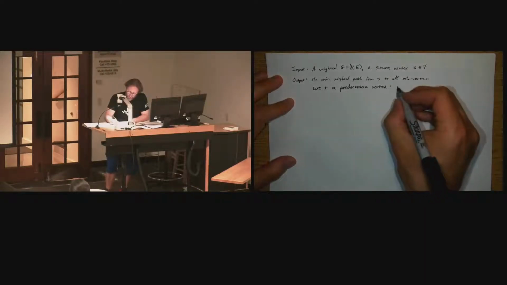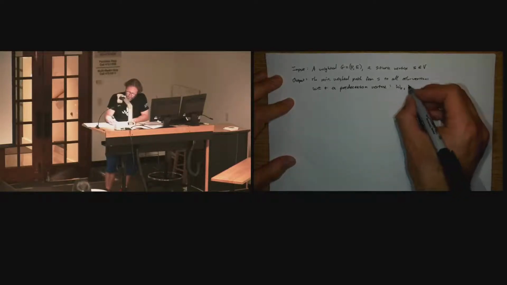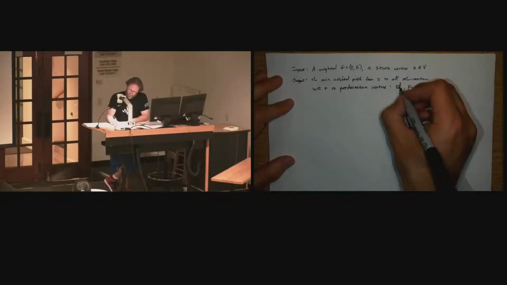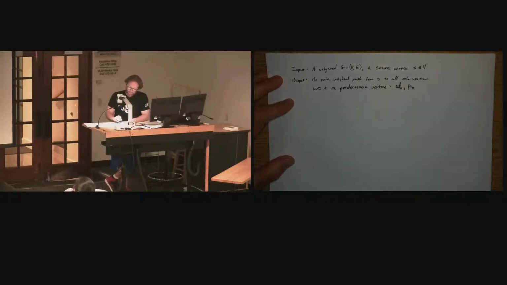And these will be labeled as the weight of V and the predecessor of V. Okay? Or you know what? I'm going to call this D, that distance. Okay? Because that's what I do in the algorithm here.